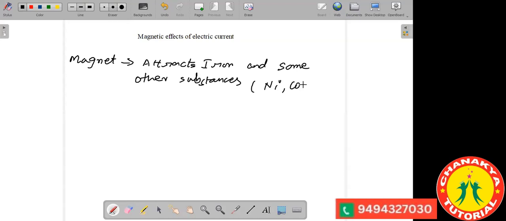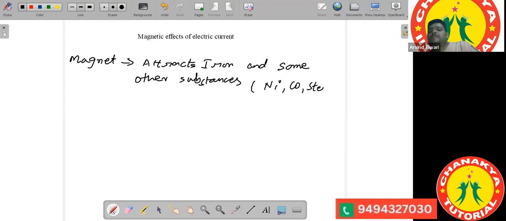Sir, steel? Nickel, cobalt, steel. These are the materials which get attracted by a magnet. And such substances are called magnetic materials. Not all substances are attracted by it.